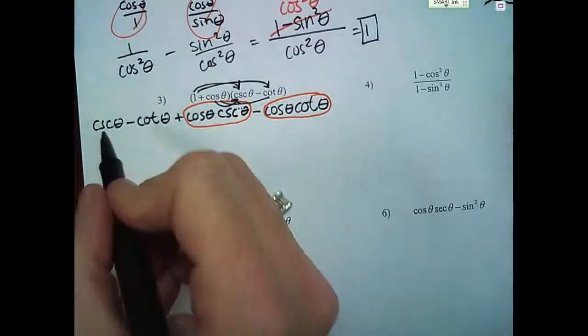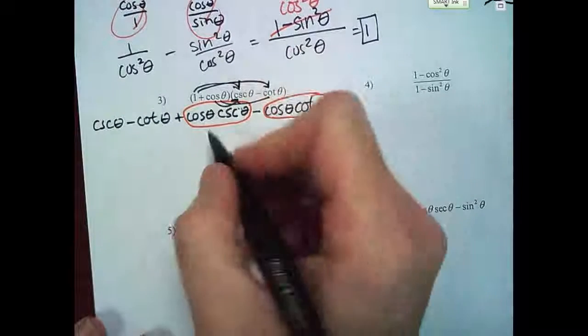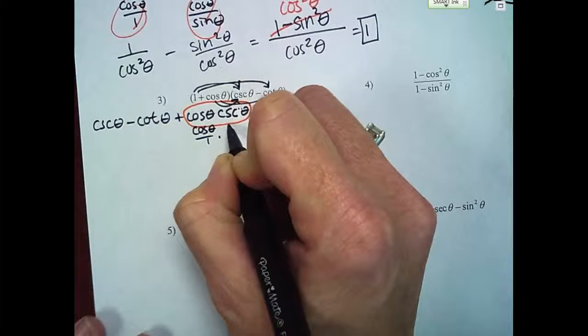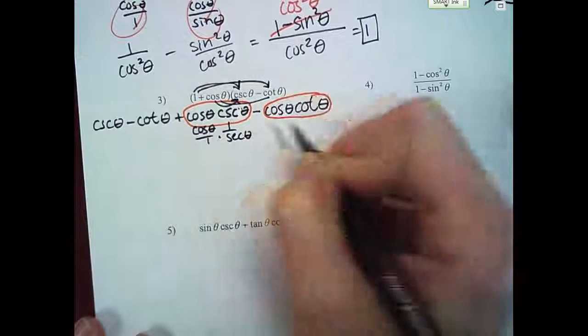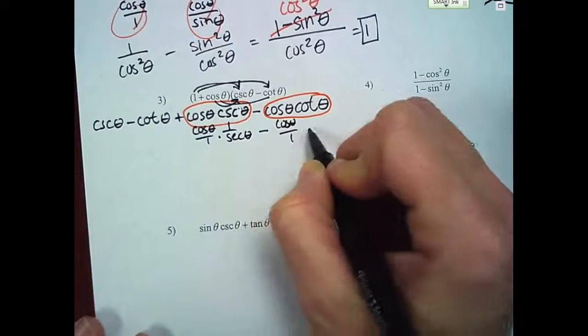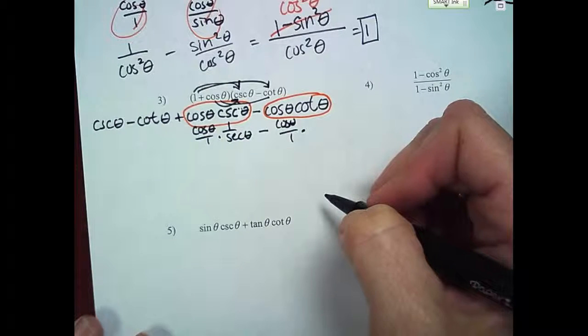Okay, so I'm going to go ahead and rewrite this other stuff. Let's just do this. Cosine of theta over 1 times 1 over secant of theta minus cosine of theta over 1 times, what's cotangent? Not y over x, but x over y.